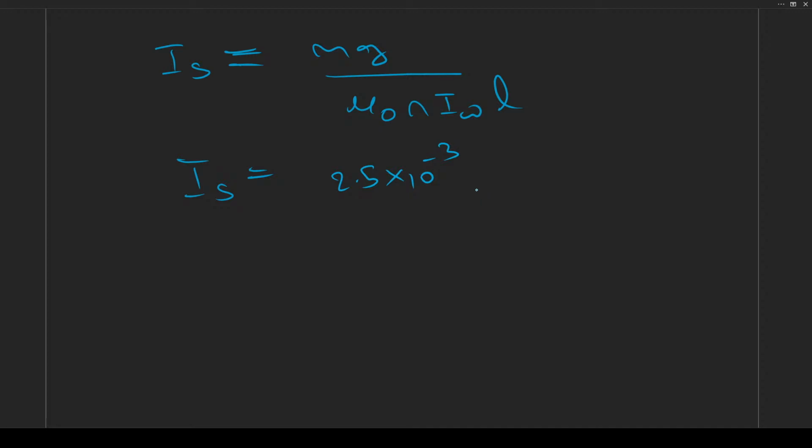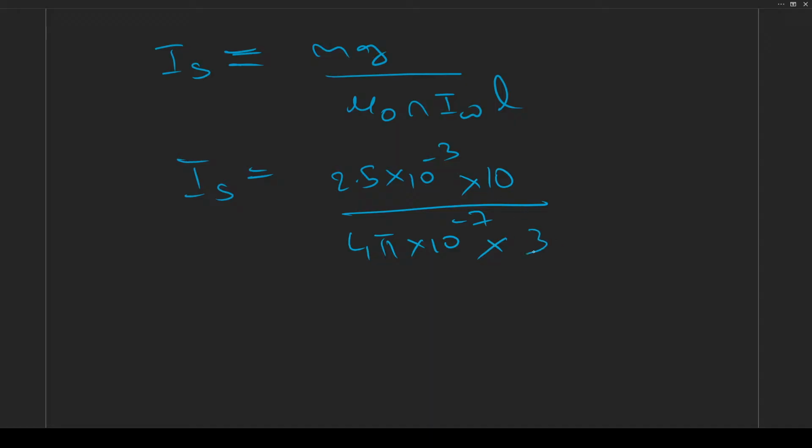They said take g, which is equals to 9.8, but I will take it as 10. Mu naught, which is equals to 4 pi into 10 power minus 7, into number of turns in the solenoid per unit length.